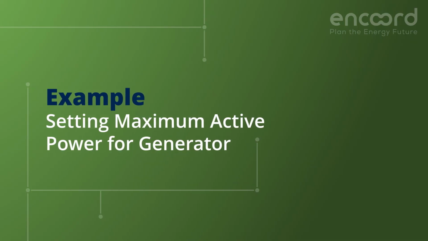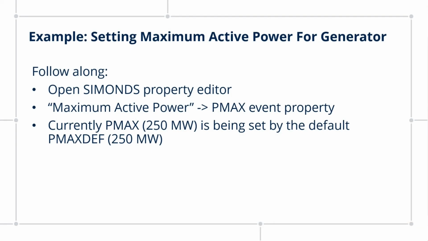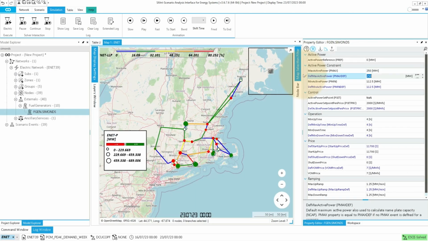Let's run through that example that I just mentioned. So with the Siemens fuel generator open in the property editor, I can see that its Pmax is 250 megawatts, and that is currently being set by its Pmax def, so its default value.